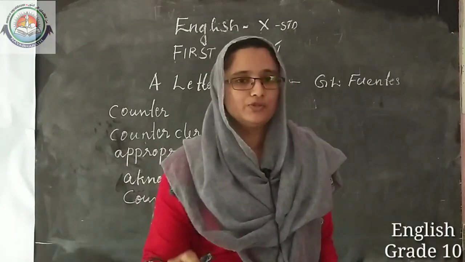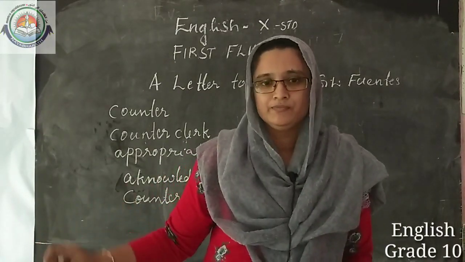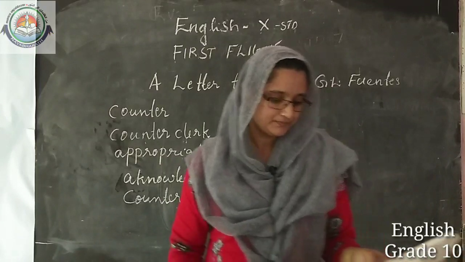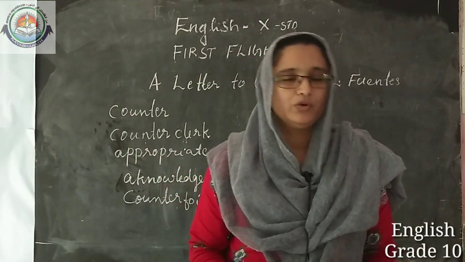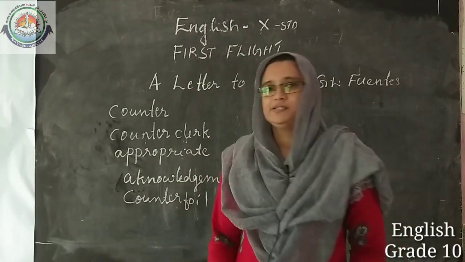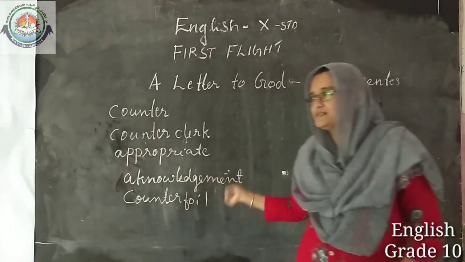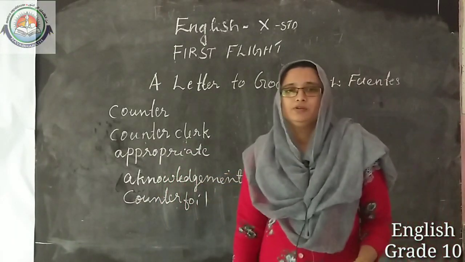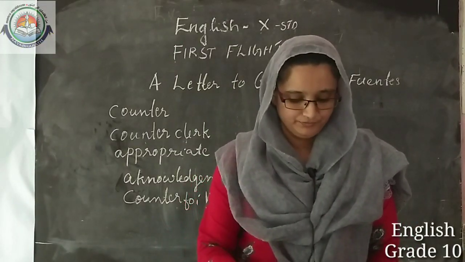We give it to the clerk who is sitting in the counter. Then take back the MO acknowledgement counterfoil for your record. I told you acknowledgement is a receipt, and the amount of money is written there. So don't forget to take the acknowledgement form.